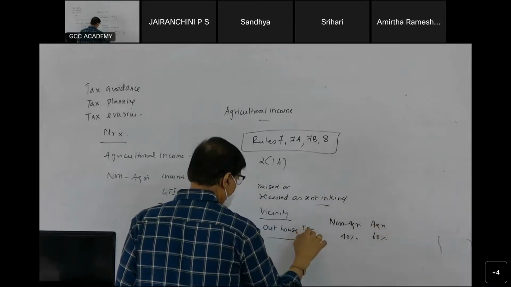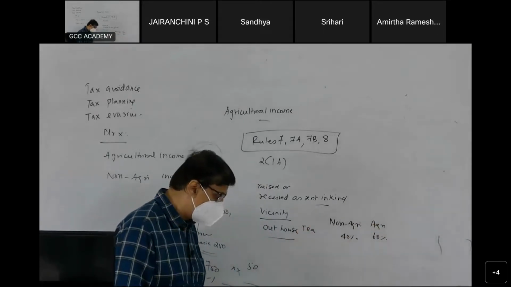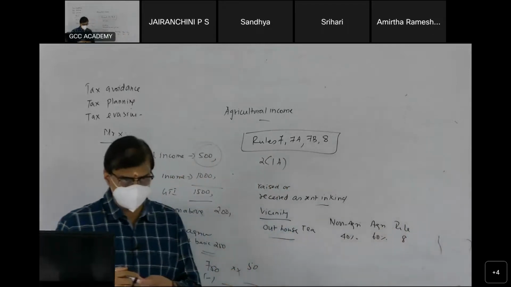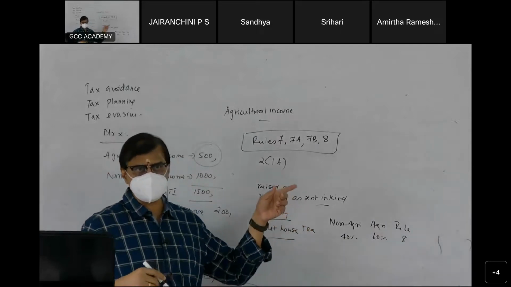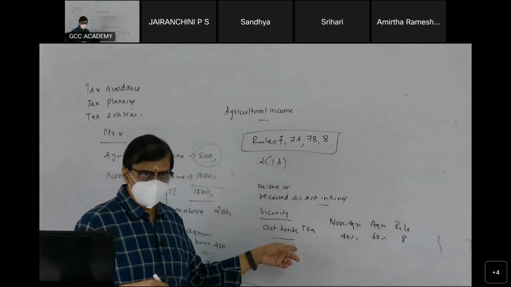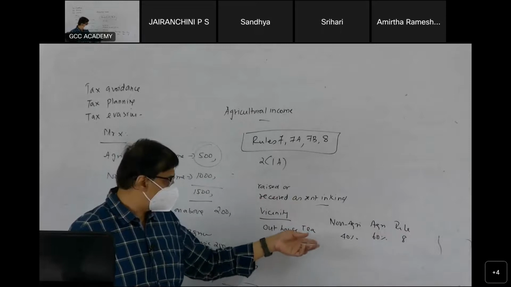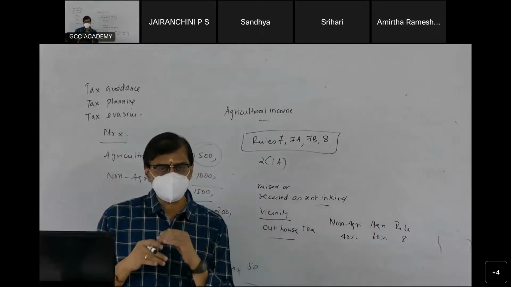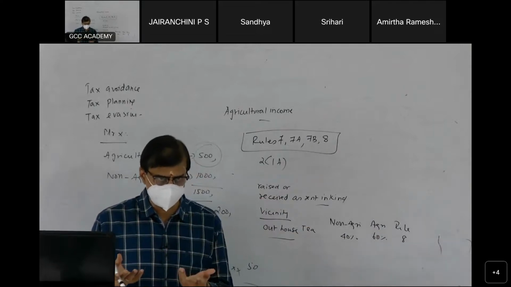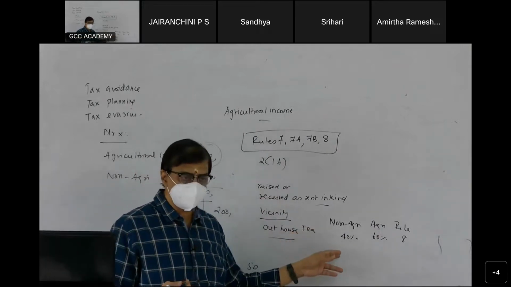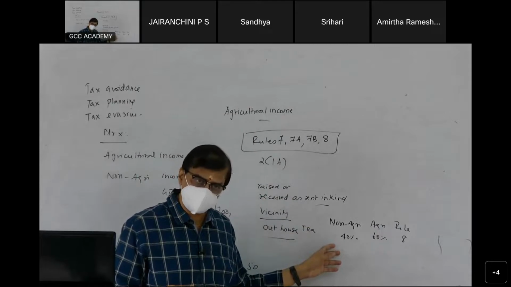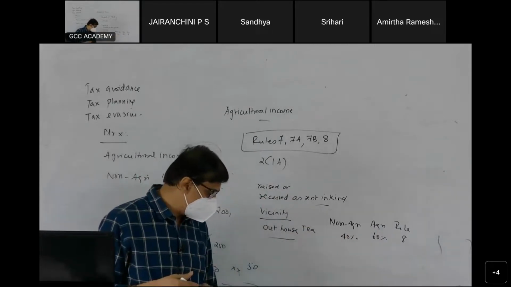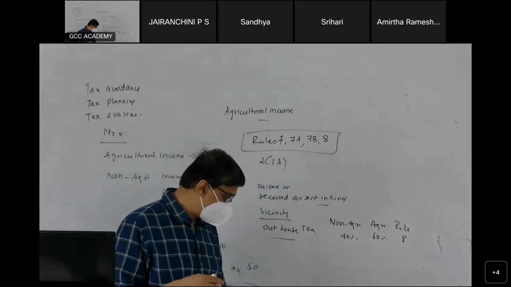So growing of tea. This is rule 8. As per rule 8, if you are going to carry on an operation of growing tea and manufacturing tea, then the income, profit income, P&L or net profit, generally, to understand. Other 40% is what? Non-agriculture. 60% is agriculture.